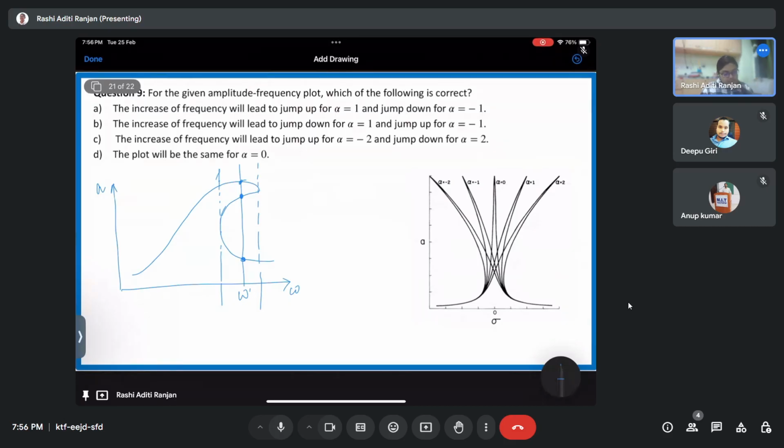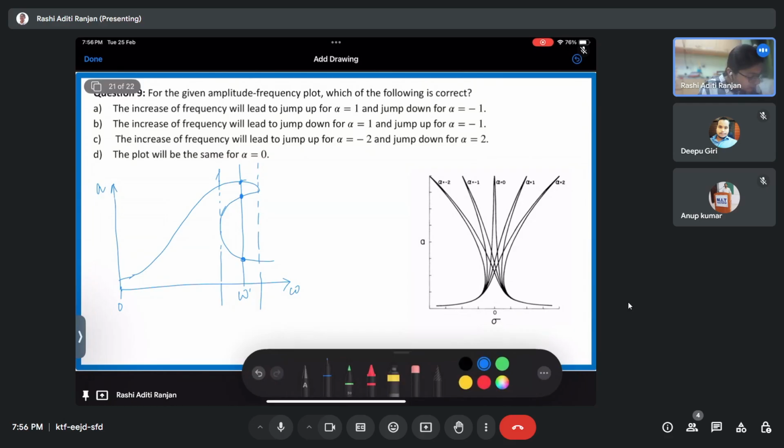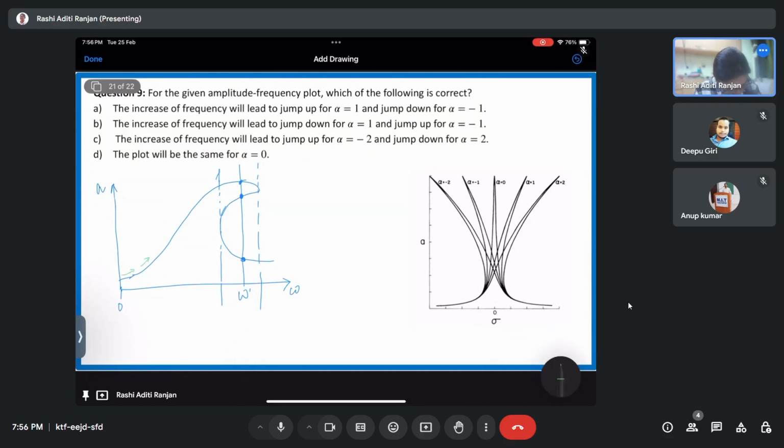For example, if this is 0 and now I start increasing my frequency, my system is going to attain this path, and with increasing frequency it will increase its amplitude. Till what point? Till the point it does not have continuity further. From here, it is not going to go towards this, it will just jump down like this and then start taking this path.